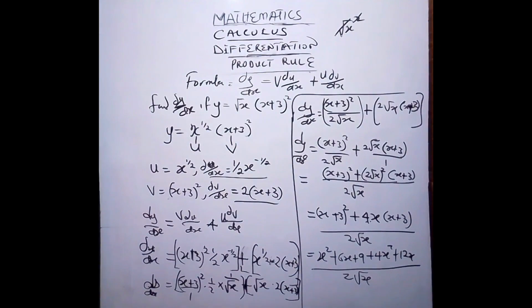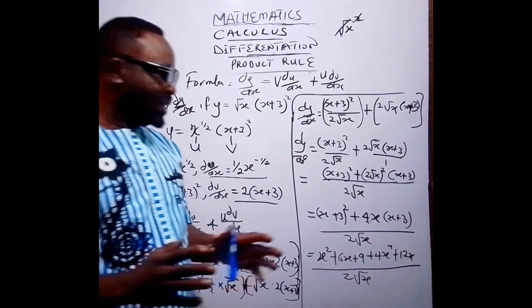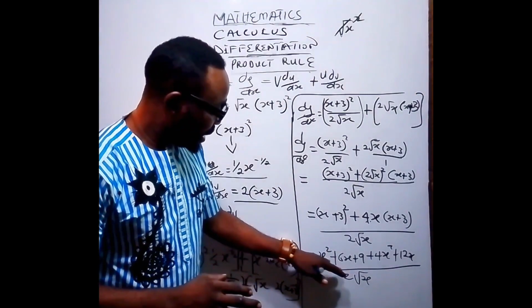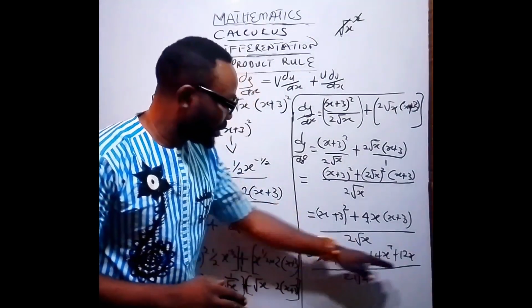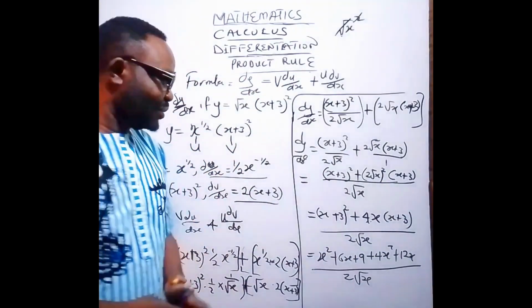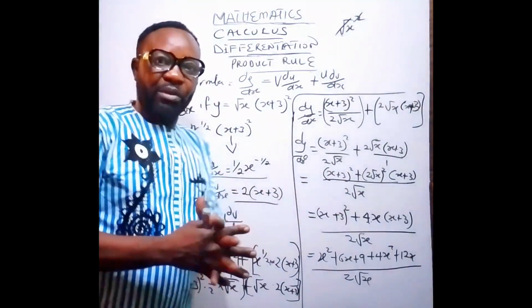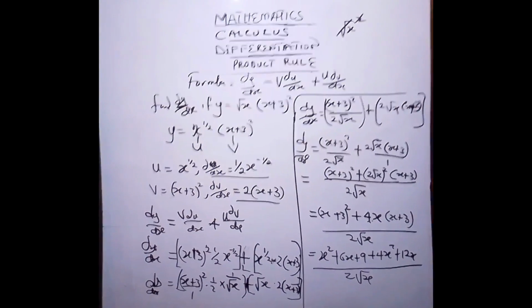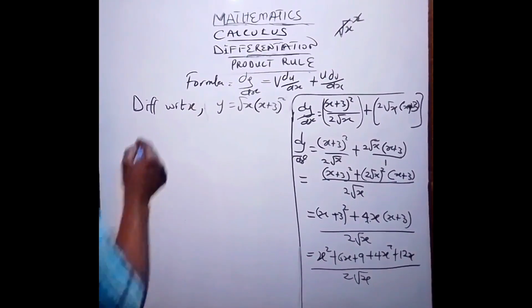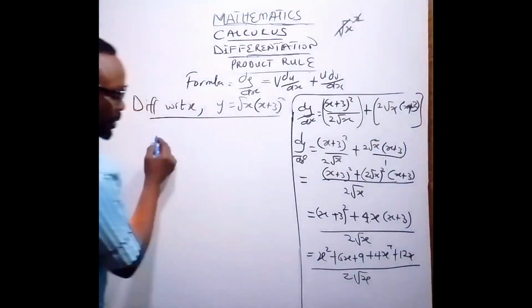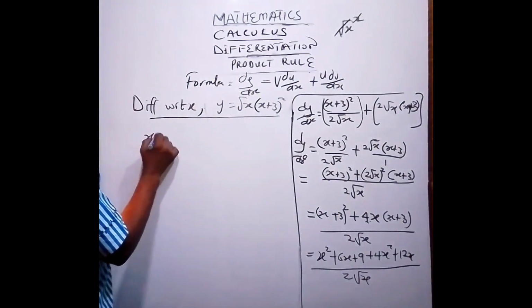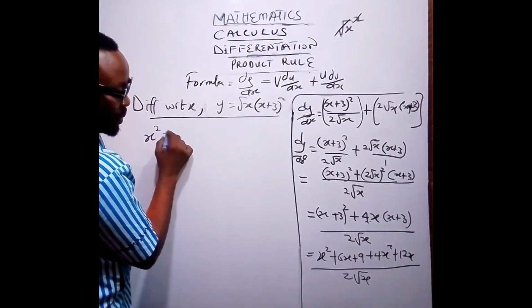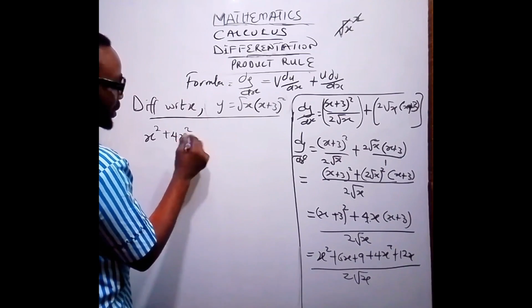So now at this stage, we can look at what are those values that look alike and what are those ones that do not. We collect the like terms now. So let's do the collection of the like terms as we move ahead. I'm going to have x squared plus 4x squared.